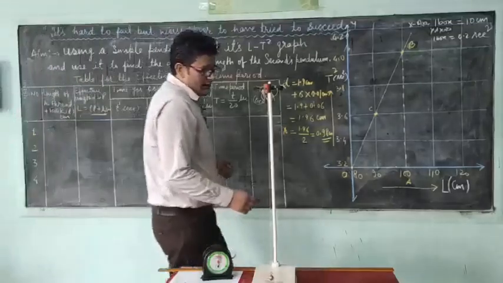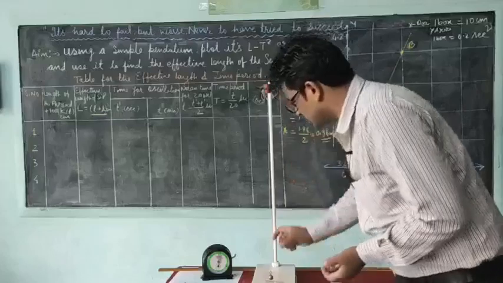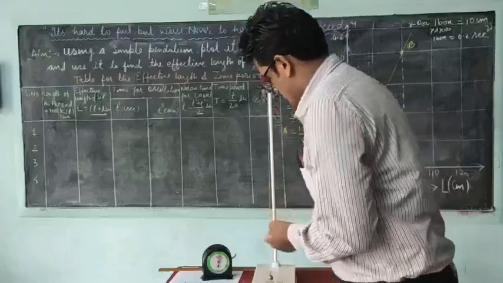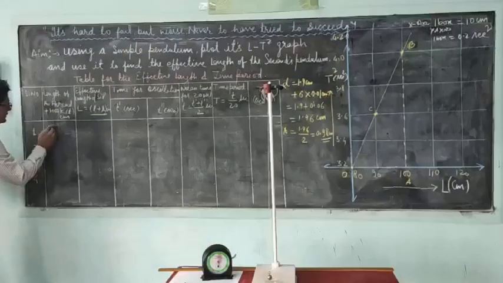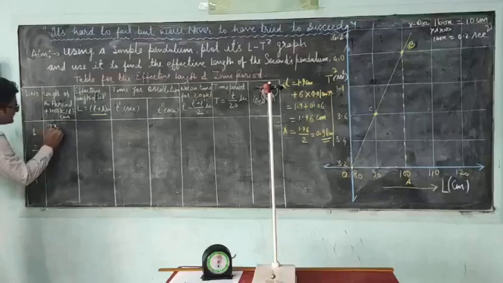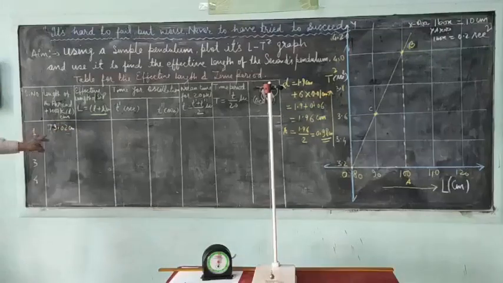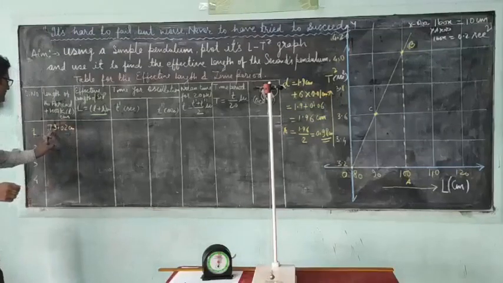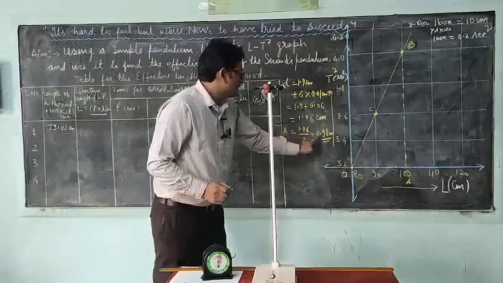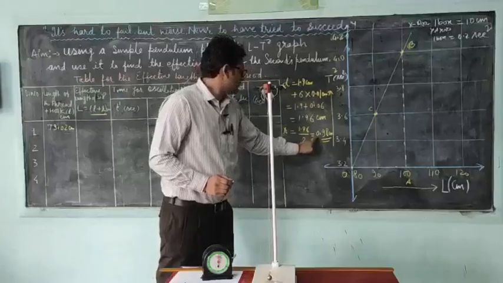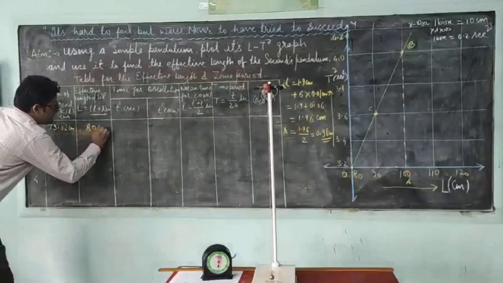Now I am taking the length from here to here, small l equal to 79.02 centimeter, and then capital L equal to 79.02 plus the radius of the metallic ball, 0.98, that is equal to 80 centimeter.